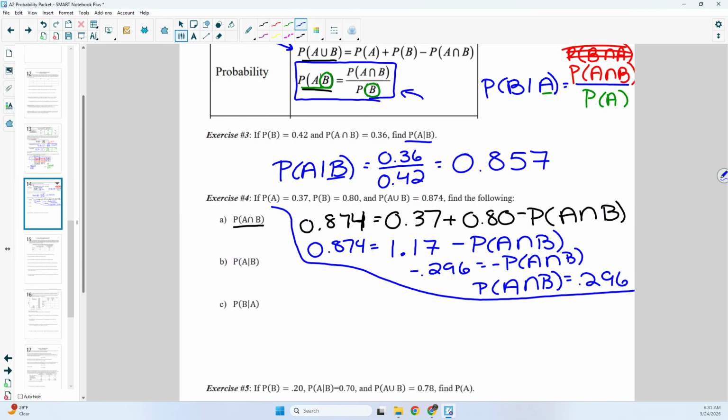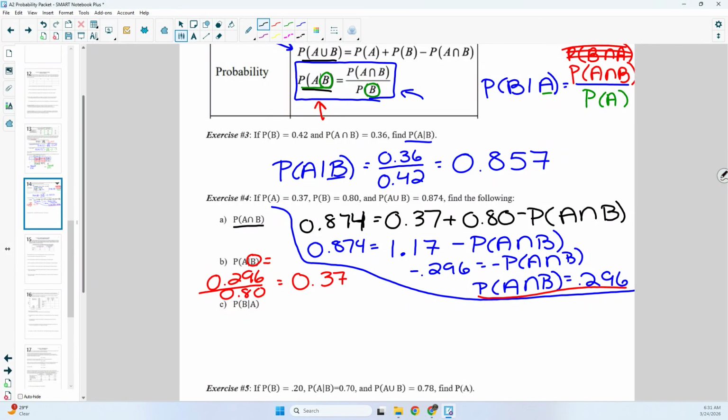So my next one says I want the probability of A given B. Looking at this formula, I need the intersection probability, which I just found, and I need to divide by the probability of the second thing. From the top, the given information is 0.80. When I type that in, that gives me 0.37.